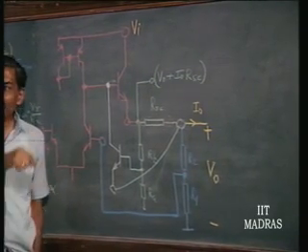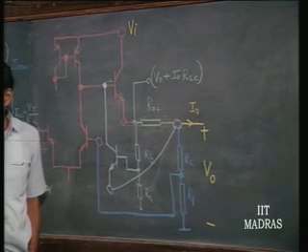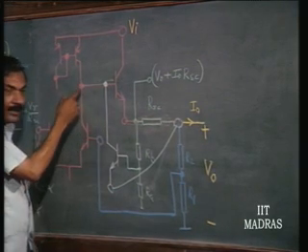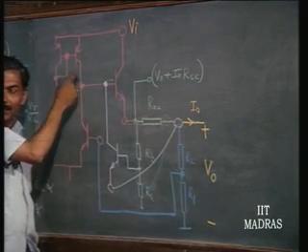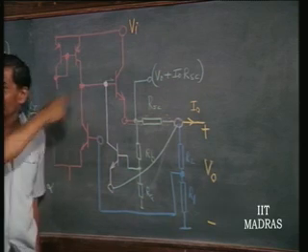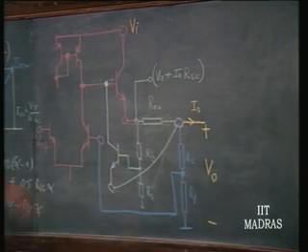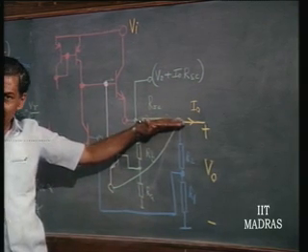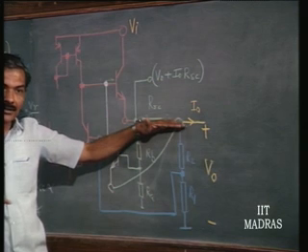So, the output impedance without feedback is going to be fixed primarily by the output impedance here divided by beta, rather than any of these resistors. Okay? Is this clear?